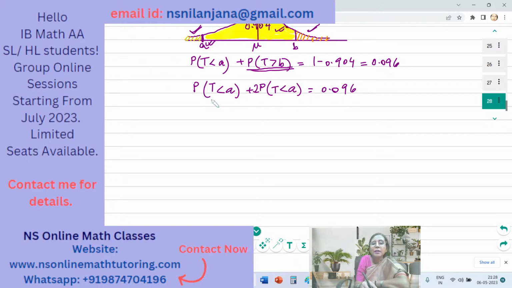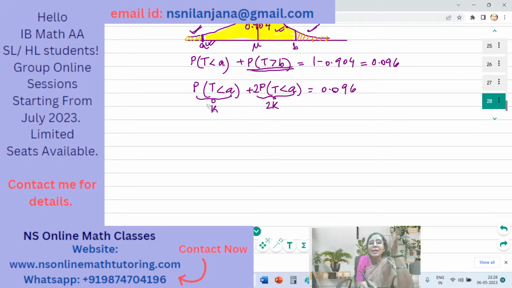When you see probability of something, don't get confused. If I take this as, say, this will be a number. So if I take this as k, this will be 2k, and k plus 2k will be equal to 3k.